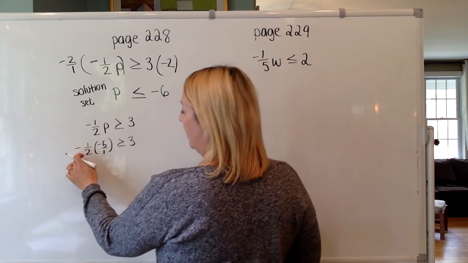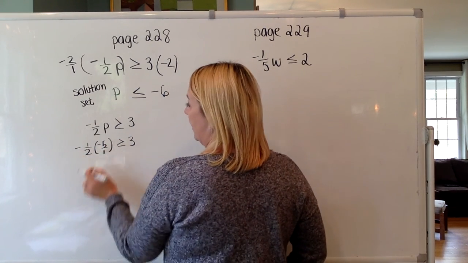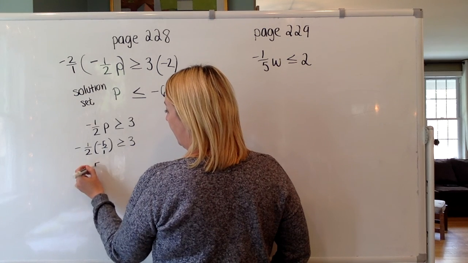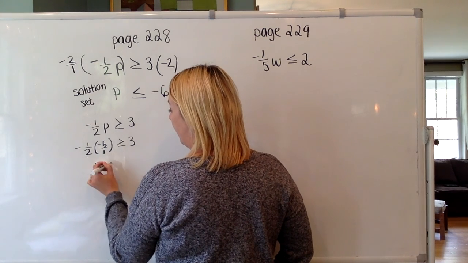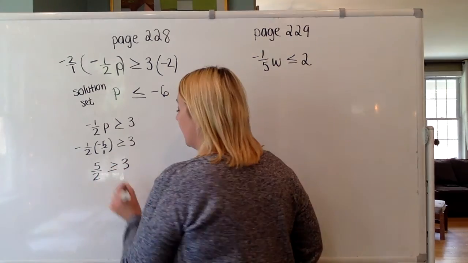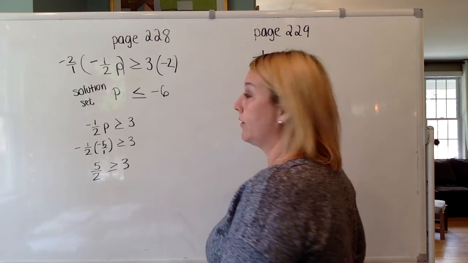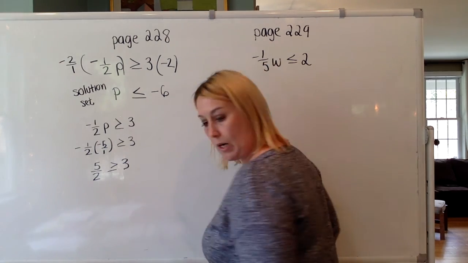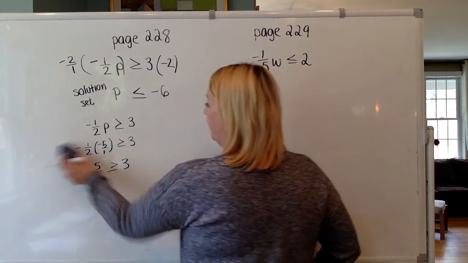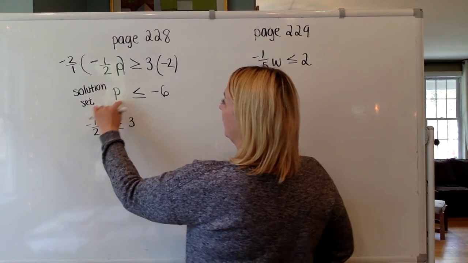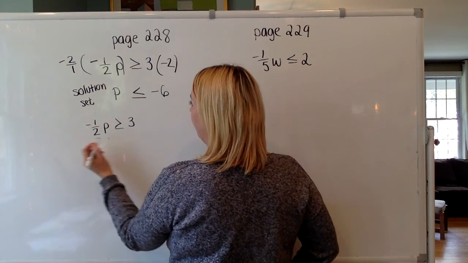So negative 1/2 times negative 5. So you get a negative times a negative is a positive. So it becomes 5 halves. And of course, 5 halves is greater than 3. So I know when I substitute here that I did it correctly. Let's try another substitution. Let's substitute because we want p to be less than or equal to negative 6.